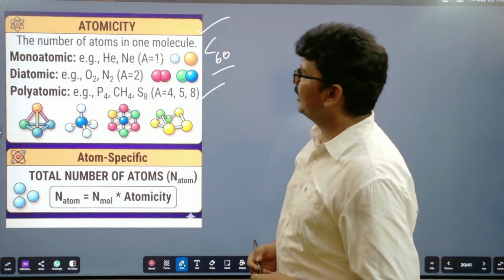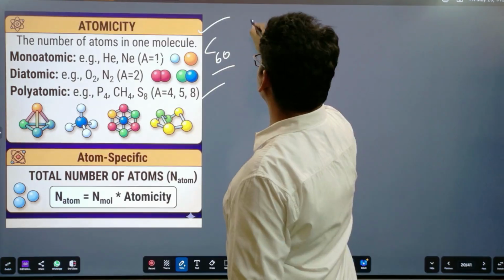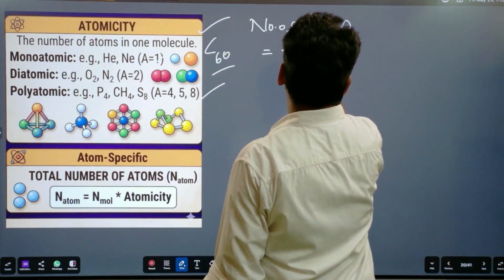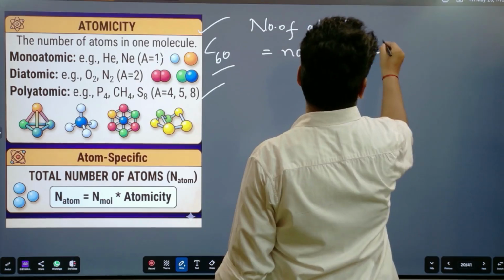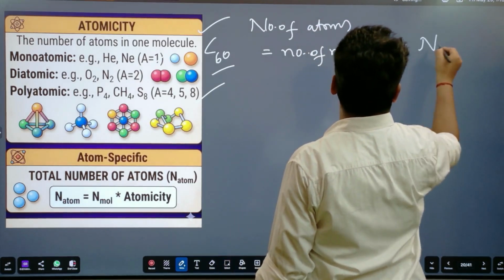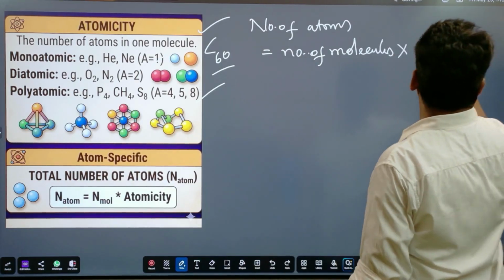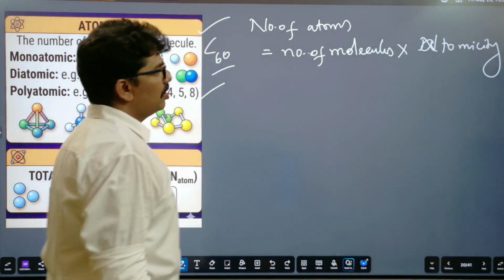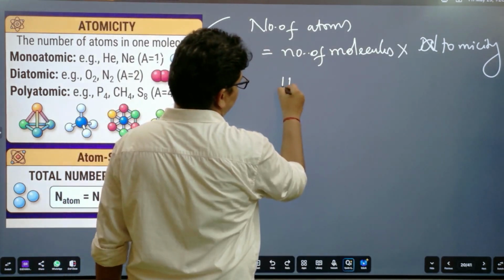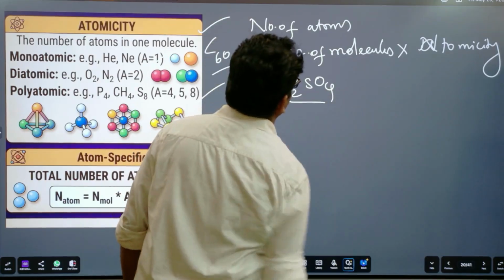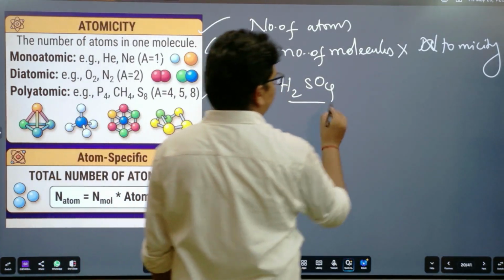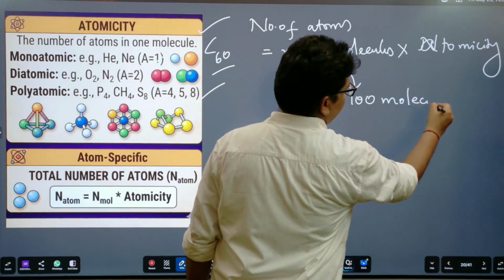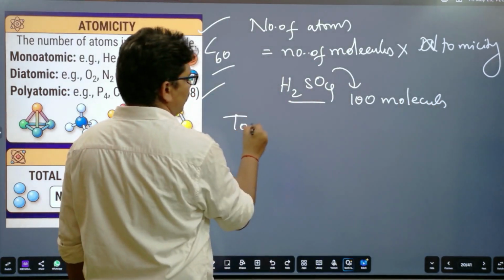And we use this atomicity to calculate the number of atoms. Number of atoms is equal to number of molecules into atomicity. For example, I am taking sulfuric acid. I have 100 molecules of sulfuric acid. I have to find the total number of atoms.